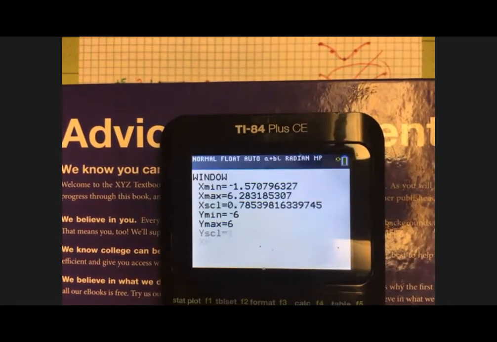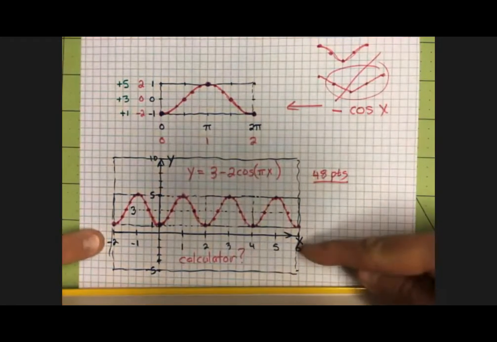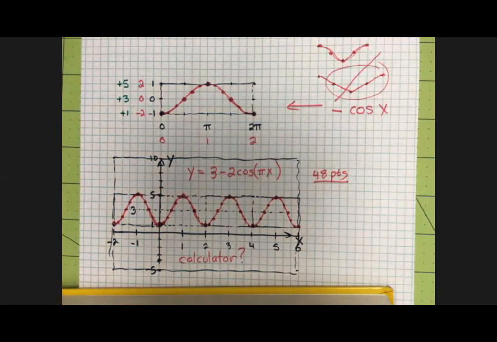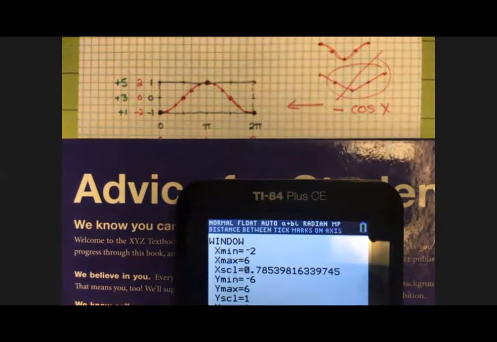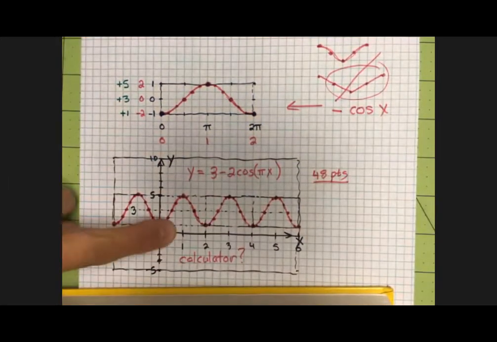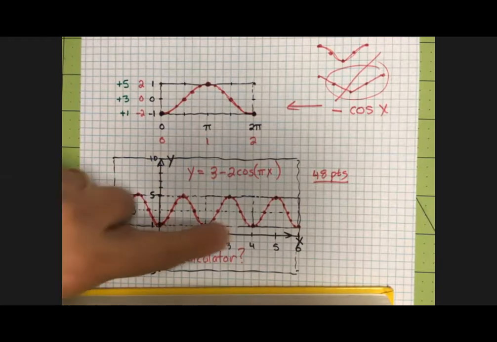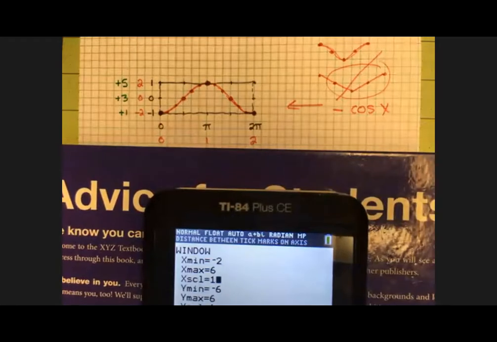So I'm going to go to the window. And how am I going to run this window? From -2 to 6. No fractions of pi. Just from -2 to 6. And let's make my marks on the calculator screen every 1. I don't want to make marks every third. That's too busy. Make marks every 1 unit. X scale 1.